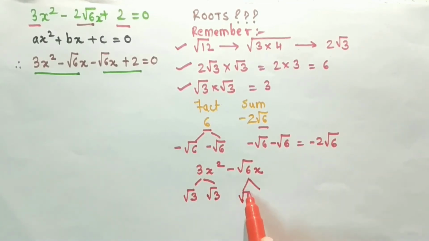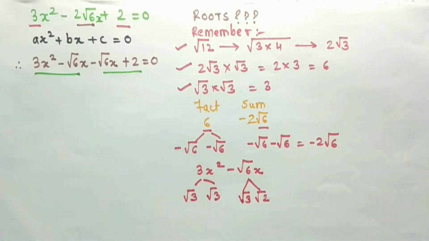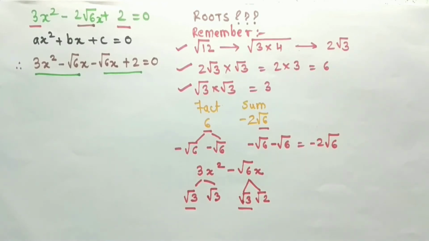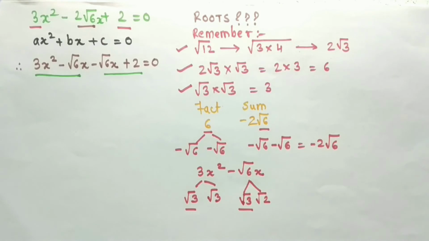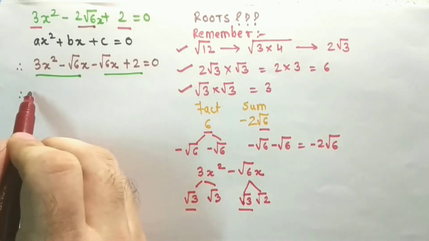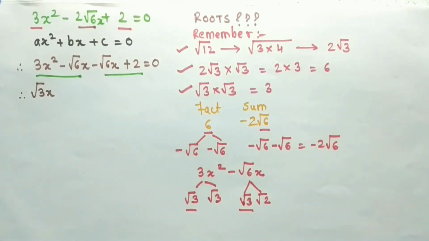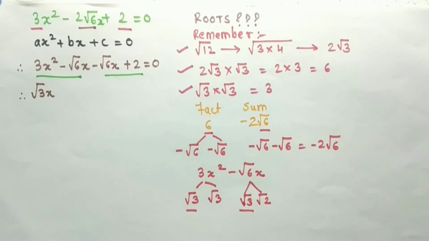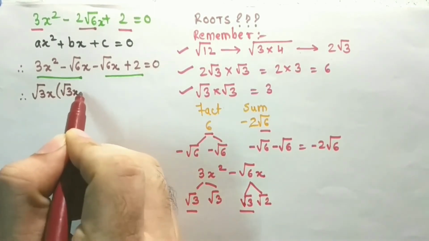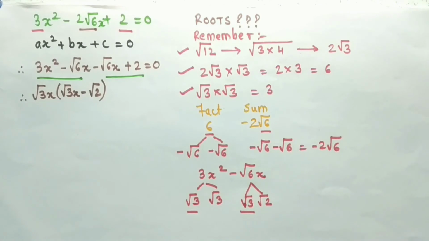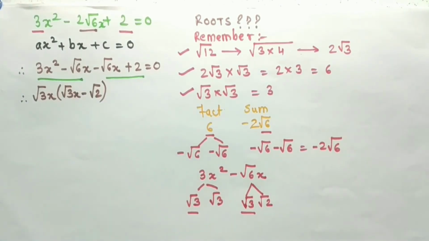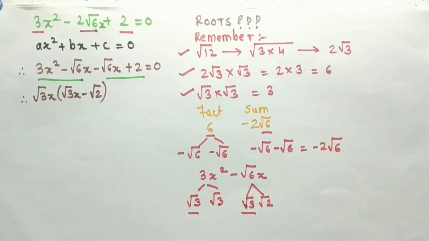Therefore, 3 can be factorized as under root 3 into under root 3 and minus under root 6 can be factorized as under root 3 into under root 2. Therefore, from 3x square minus under root of 6x, I get under root of 3x as common, and in brackets under root 3x minus under root 2.